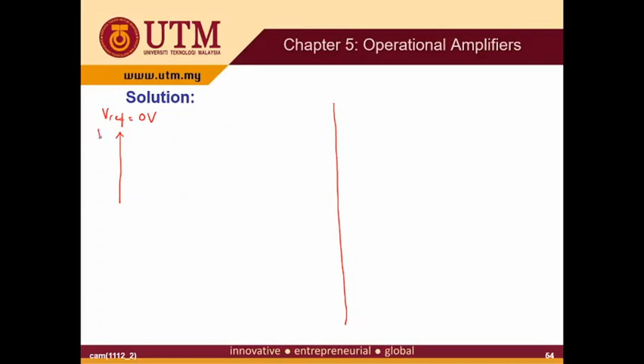For example, something like this. This is your V in, and then this is your time. You draw your sine wave. The peak value of this one is Vm, and then this is your minus Vm.